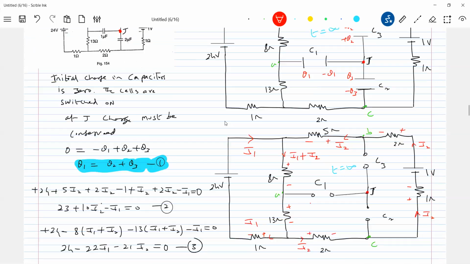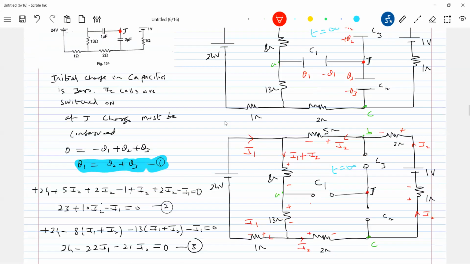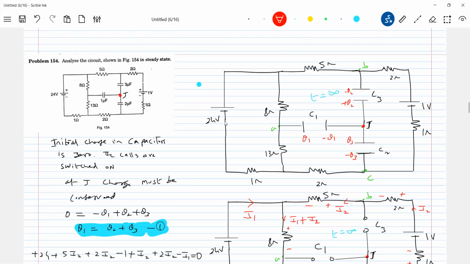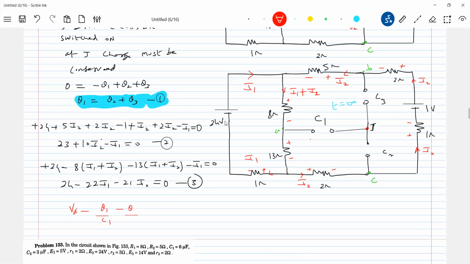So writing the loop equation, VA, Q1 by C1 minus, this is Q3. VA minus this will be Q3 by C3 minus VC equal to 0.